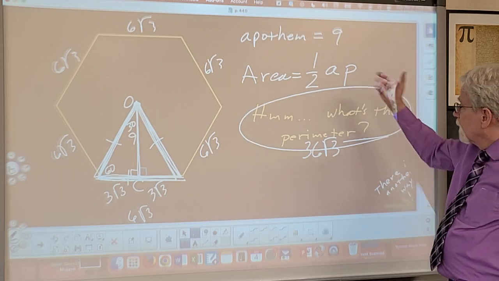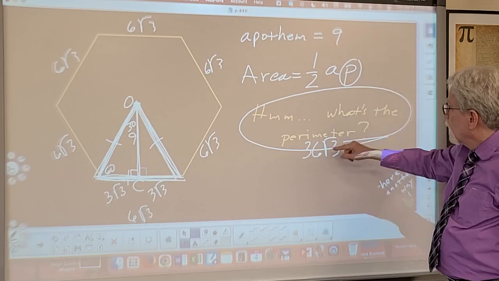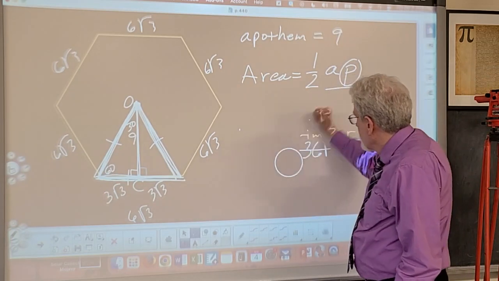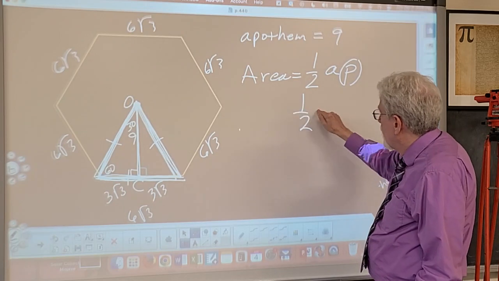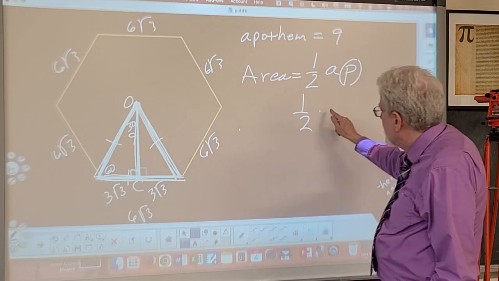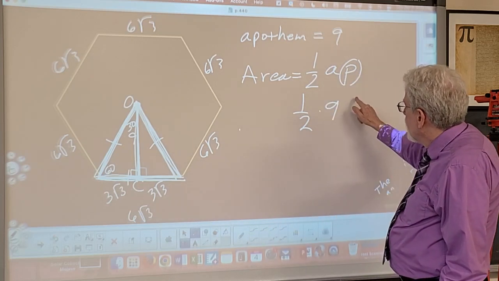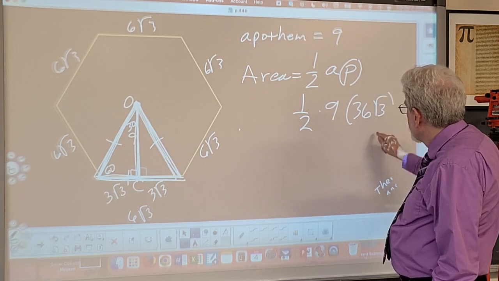So now, let's use the formula. We have a perimeter of 36 square root of 3. So the area is going to be 1/2 times apothem. Oh, we know the apothem. Yeah, we were given the apothem. It's 9 times the perimeter, which was 36 square root of 3.